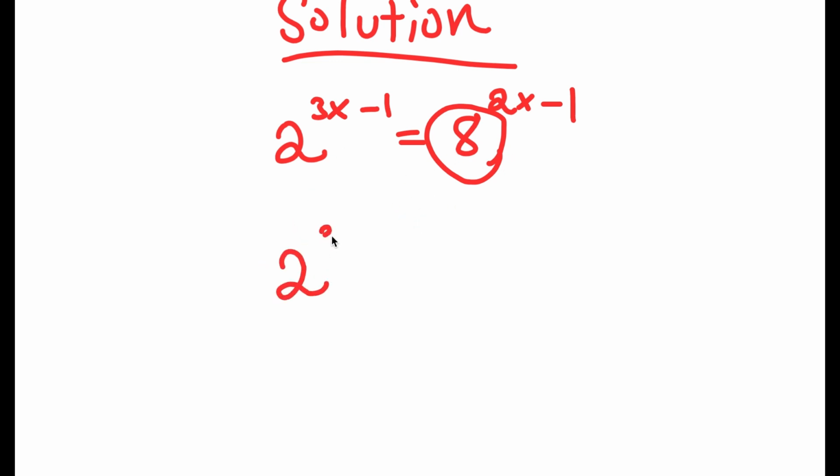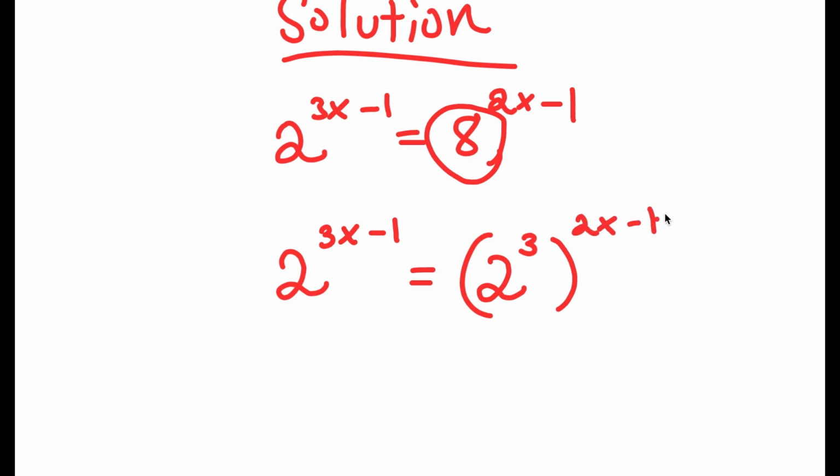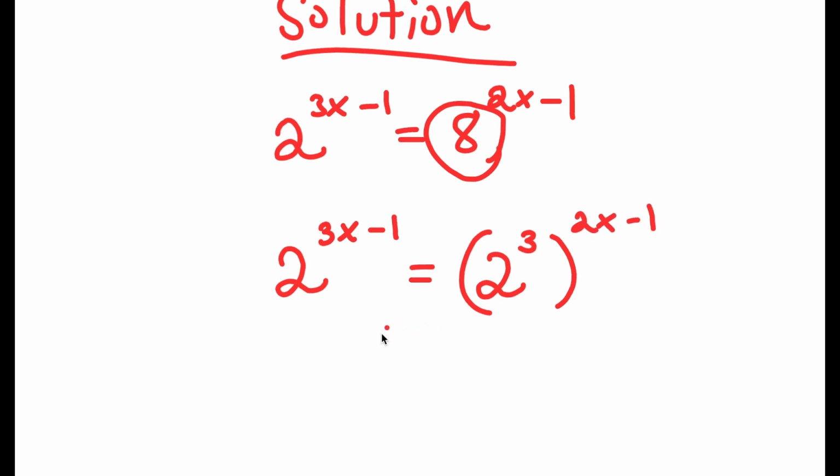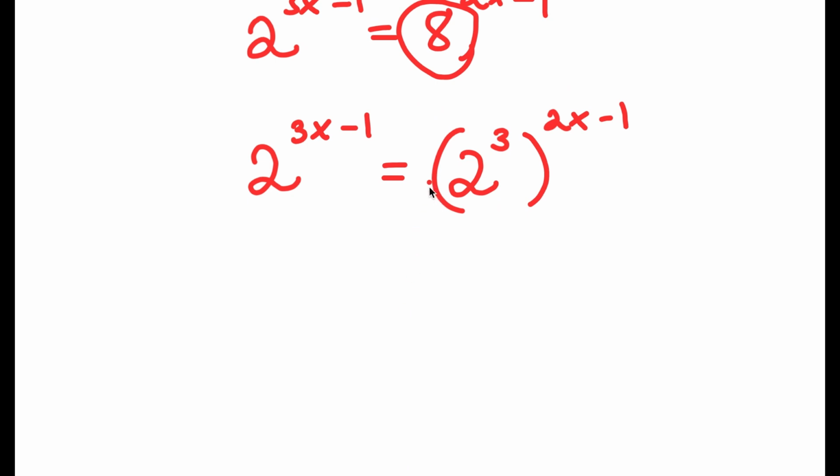So now I have 2 to the power of 3x minus 1 is equal to 2 to the power of 3, to the power of 2x minus 1. And the reason I did this is because now these two have the same bases. Both of these bases are 2, so it's going to be much easier to solve this equation.